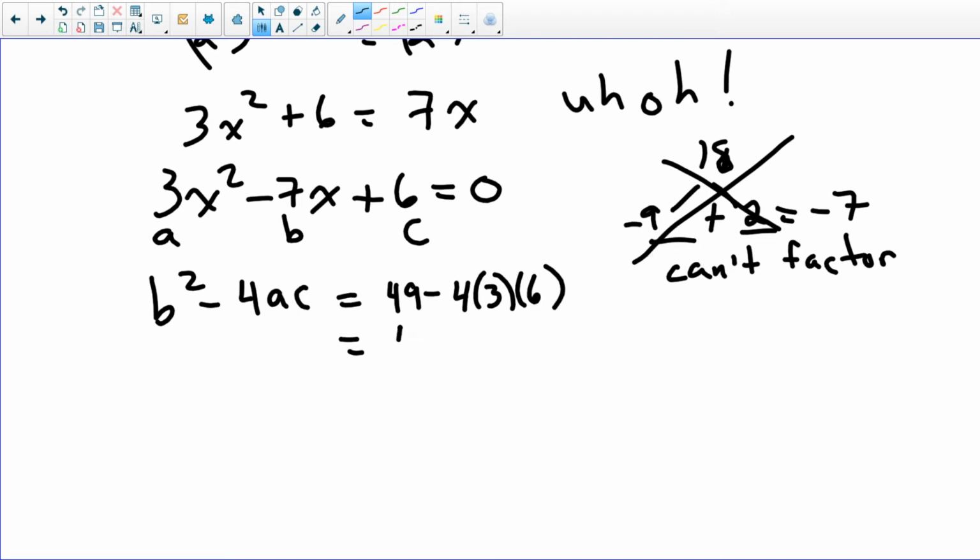So that's going to be 49. 12 times 6 is 72, I think. I'm just going to do my calculator off screen here. And 49 minus 72 is negative 23.